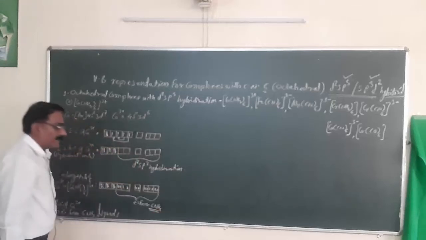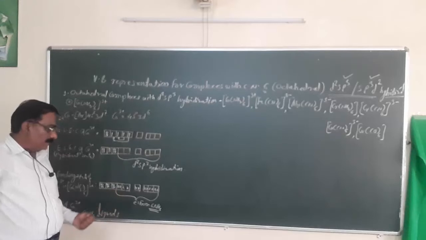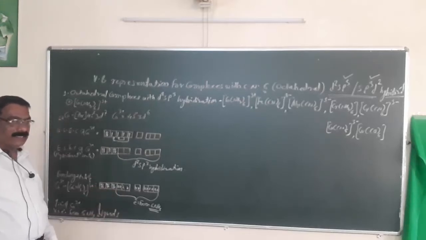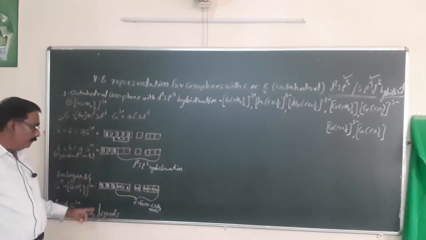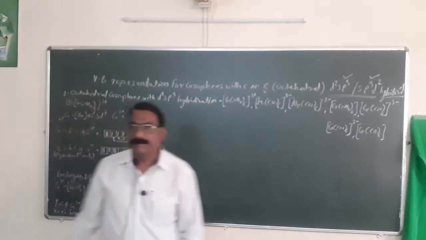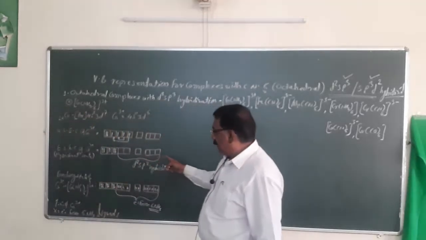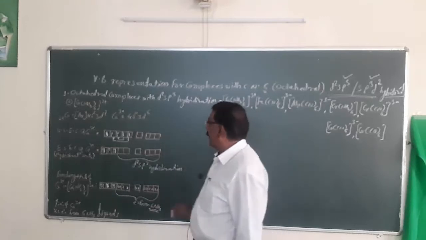Once it undergoes this hybridization, bonding is like this, and this valence bond picture shows that there is no unpaired electron. All electrons are paired.